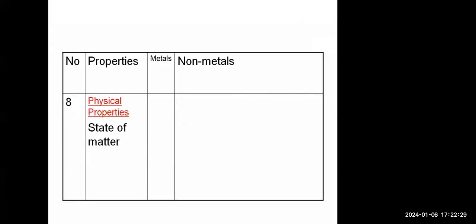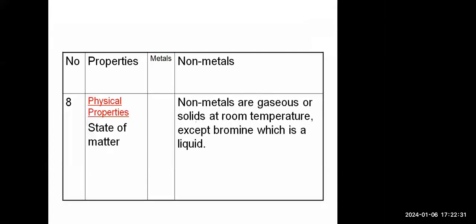And state of matter, mostly, as I told you, they are gases. Bromine is a non-metal which is liquid. So here two examples you have to remember. You may be asked about a liquid metal and a liquid non-metal.